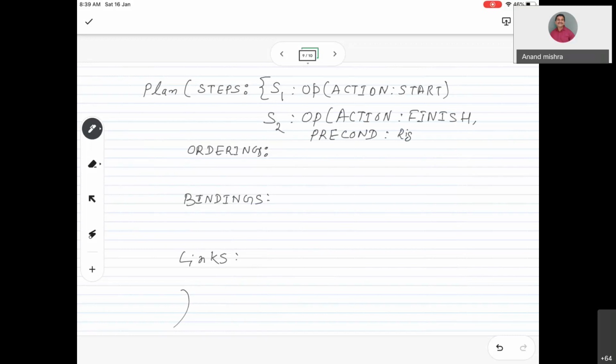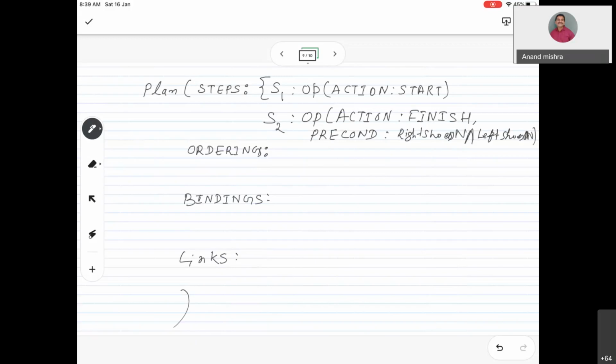The right sock must be on, and the left sock must be on. So it is an AND, right? So right sock on and left sock on. That's the operation S2. Of course I'm not writing all the things.